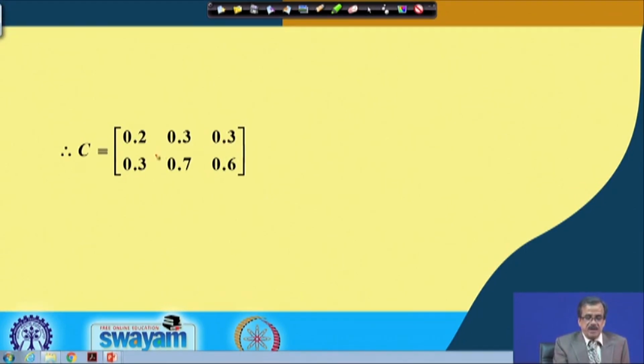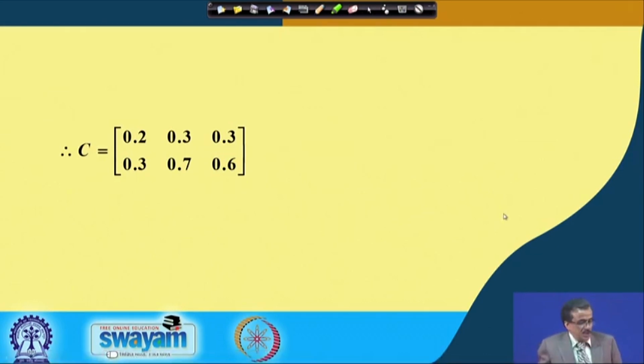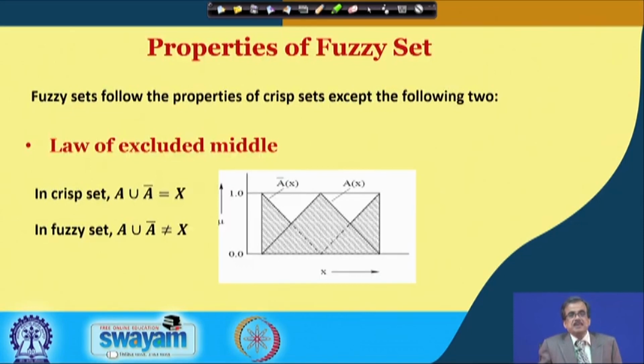It is actually a 2 cross 3 matrix, and these are the elements C11, C12, C13, C21, C22, C23. So, you will be getting this particular matrix. So, this is the way we can find out the composition of two fuzzy relations.